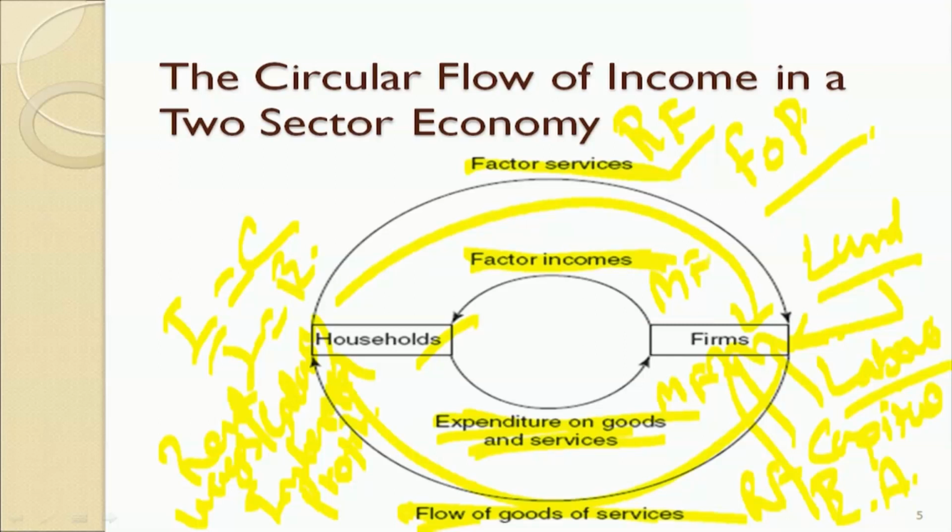For firms, the firms accept factor services and transfer the goods, which means the firms make payment for the factor services rendered by the household. One is a money flow. The second one, whatever goods and services are purchased by the household, those goods and services are transferred from the firms to the household, which we call a real flow. So, this is a two sector economy.